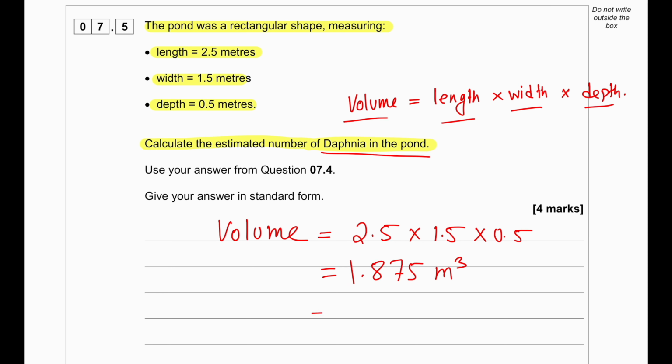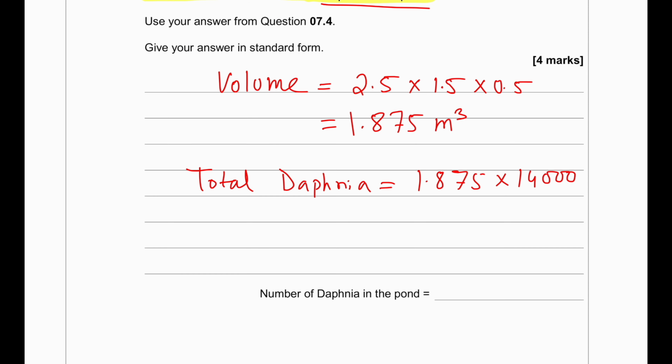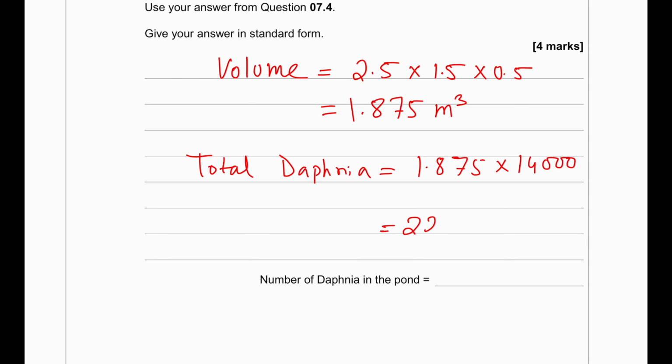To find the total number of Daphnia, it will be 1.875 times 14,000, which gives us 26250. Since the answer is requested in standard form, and we need to answer to 2 significant figures, we'll write 2.6 times 10 to the power of 4.